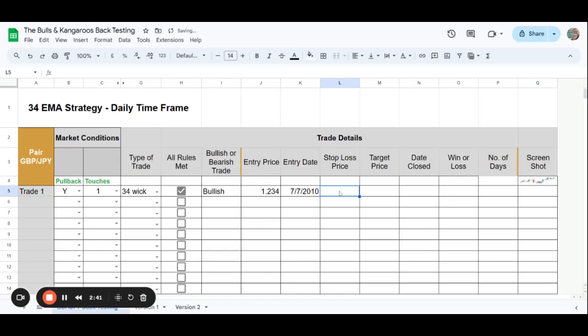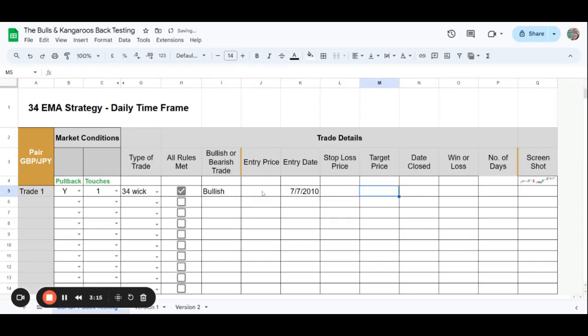We're going to put our stop loss, let's just call it 1.123. Then our target price as 1.333. Now these numbers aren't really correct, so I'm probably best to take these prices out because it might confuse you.